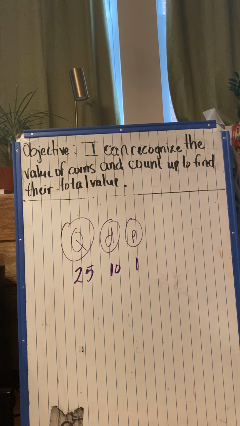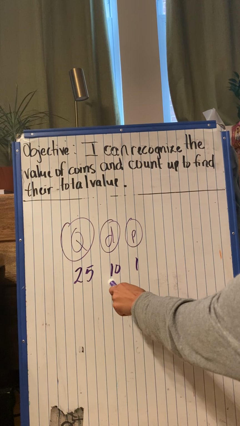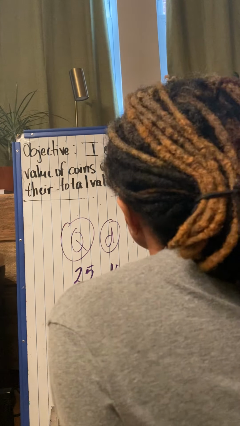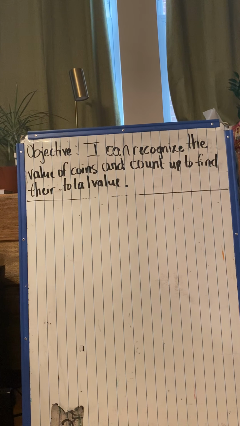Let's practice counting. Remember to start with the coin with the largest value. 25, 35, 36, 31 cents. So now I'm going to draw quite a few problems on the board, and I'm going to give you an opportunity at home to practice before I count along with you.